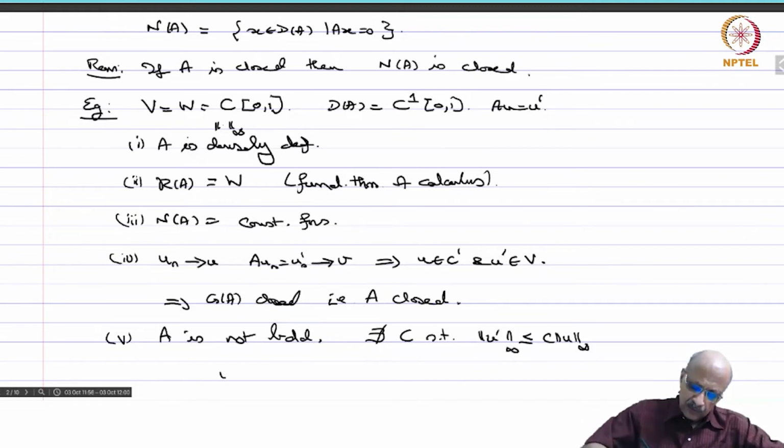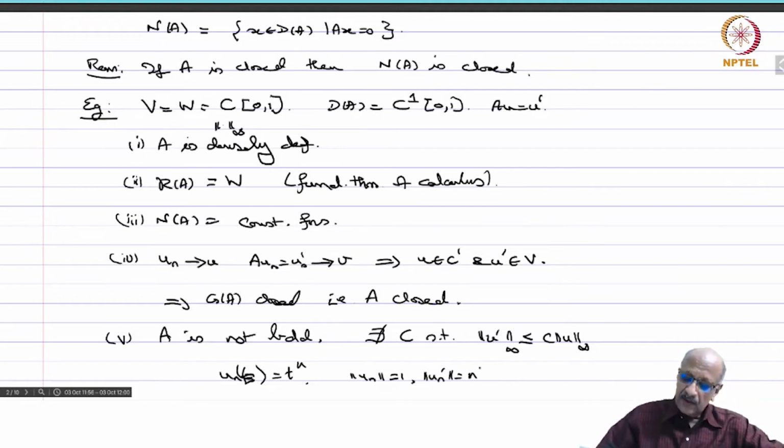For this we took the sequence, we have already seen this, u_n of t equals t to the power n. Then norm u_n infinity is always 1, norm u_n dash is n, and therefore you can never have a constant like this because C is a finite number. So this is an example.